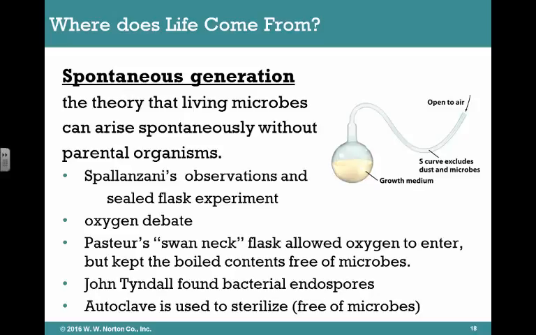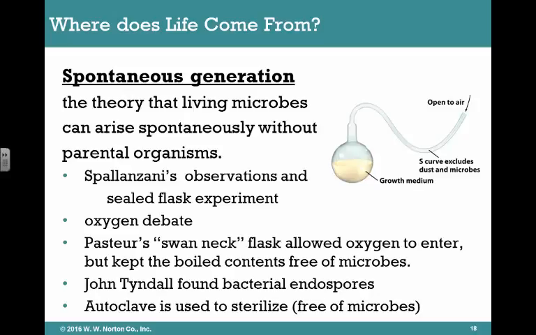So at this time, a natural question that would arise from these tiny organisms is, where did they come from? And people were always questioning, where does life come from?